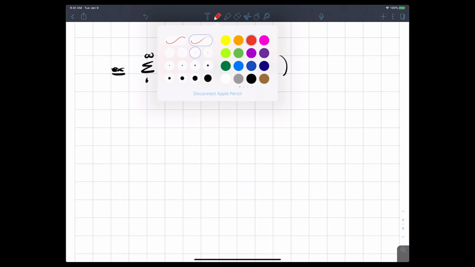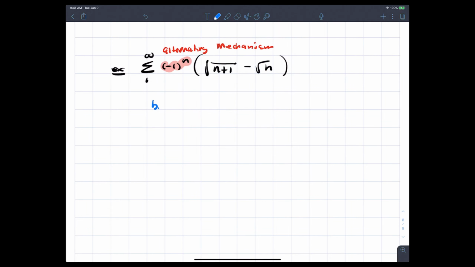So my Bn term, here's my Bn, square root n plus 1 minus square root of n. Now the question is, is this decreasing? And the answer is, what you can do is you can now, if you like, use calculus.